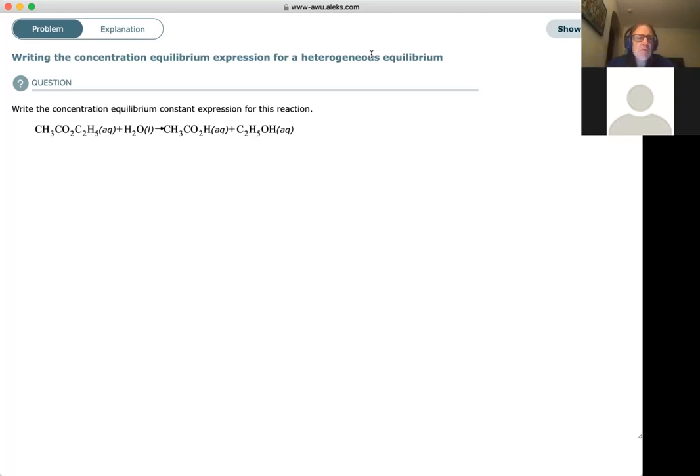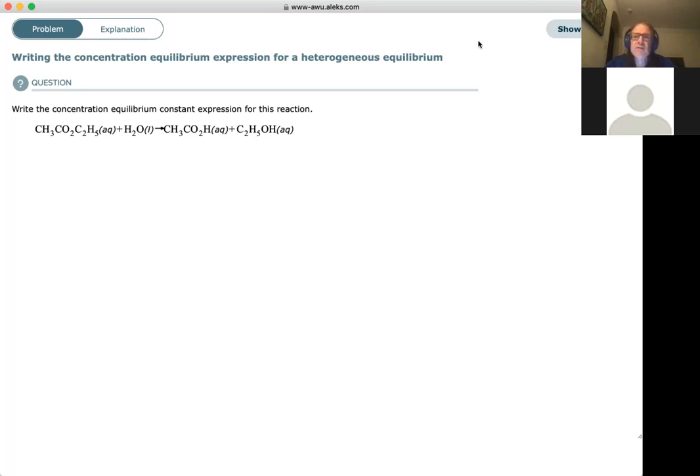So here's an example. CH3CO2C2H5, I guess this is methyl ethyl acetate, is reacting with water to form acetic acid and ethanol, okay? So notice, like I said earlier, get in the habit of looking at the states of matter. Aqueous, liquid, aqueous, aqueous. The liquid is just going to be a 1, okay? Write the concentration equilibrium expression.